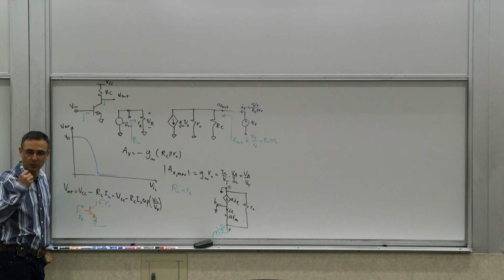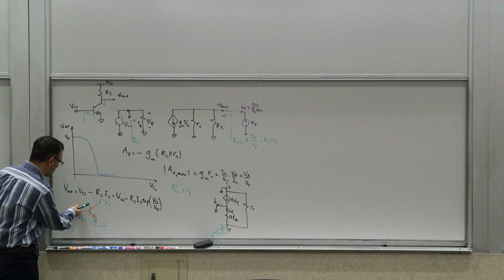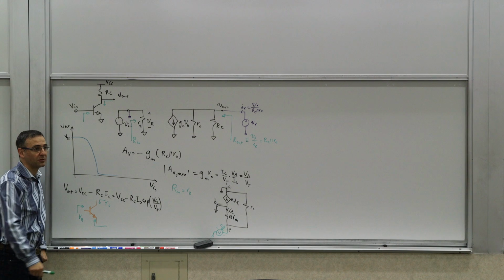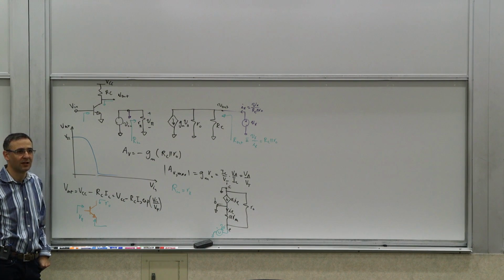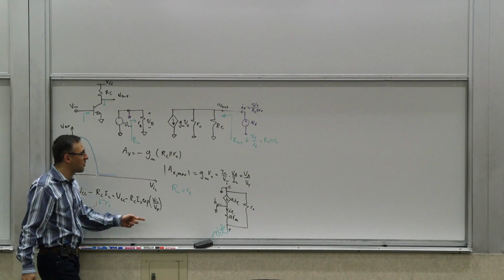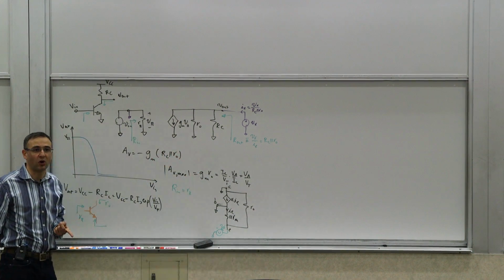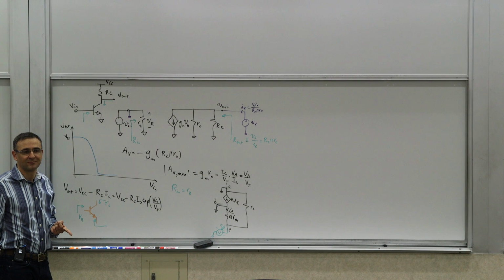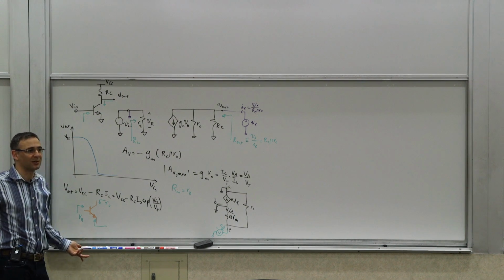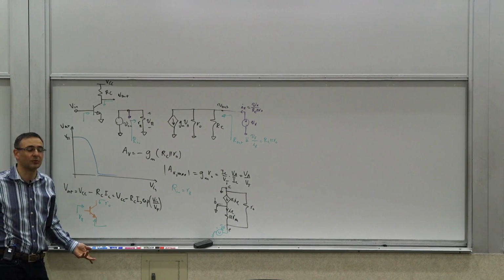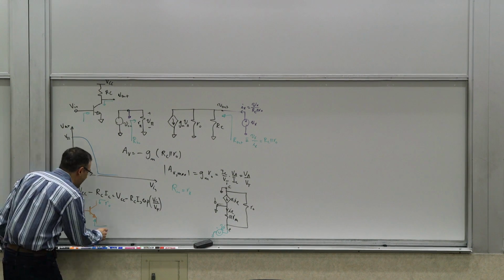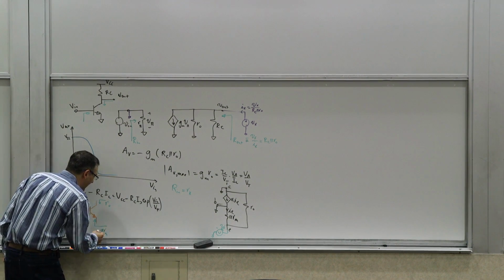Each is about 2 orders of magnitude higher than the previous, so RO is 4 orders of magnitude higher than Rm. So it's really ridiculous to say it's alpha Rm parallel with RO. It's alpha Rm. A lot of times we just say Rm.